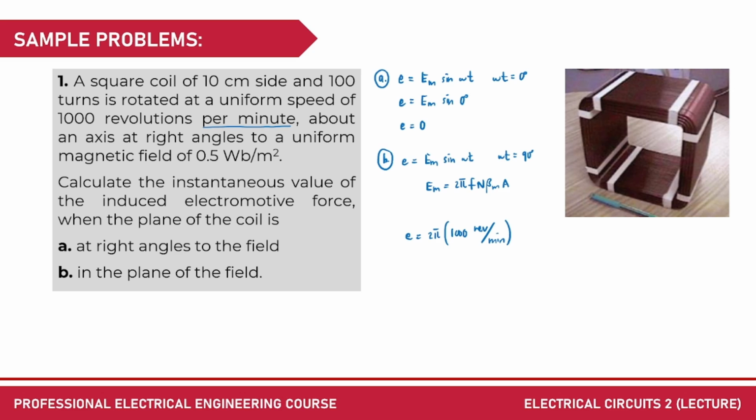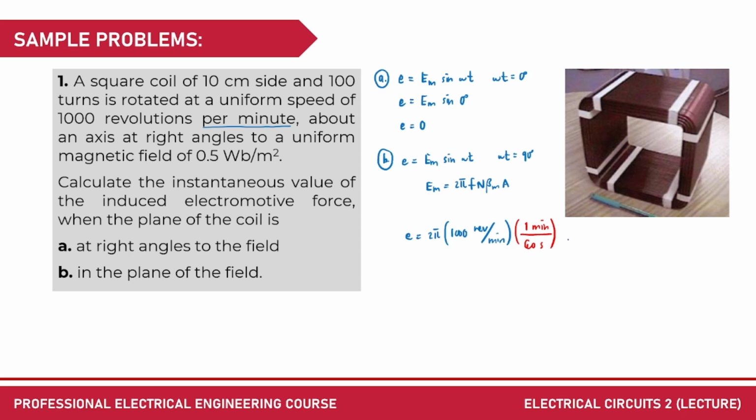If we want it to be in hertz, then we have revolutions per second, so we just convert the minute. When we go minute below, we'll have minute above. So 1 minute is to 60 seconds, and that's it. This one is already in hertz.